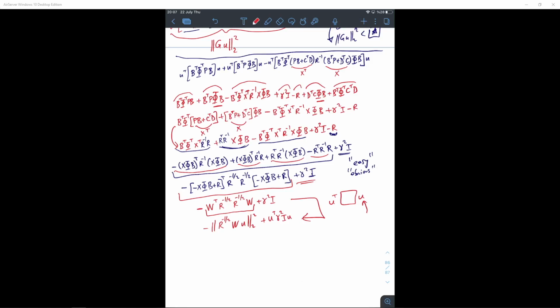And we can write gamma square u transpose identity u, and gamma square u transpose u, or rather gamma square, right? Okay, this is perfect. Gamma square u. Okay, yes. Gamma square u.